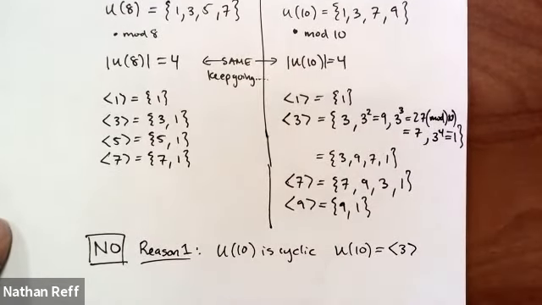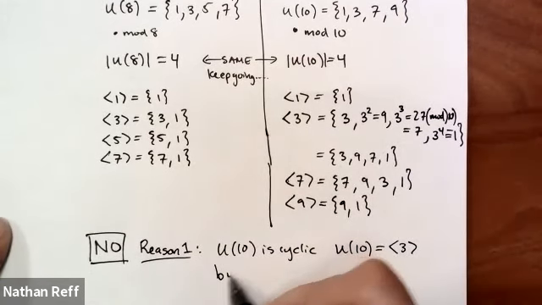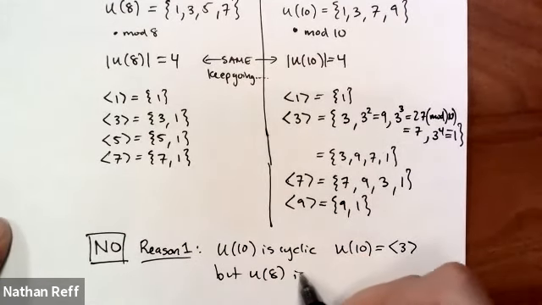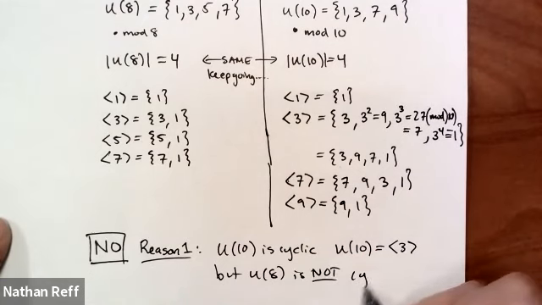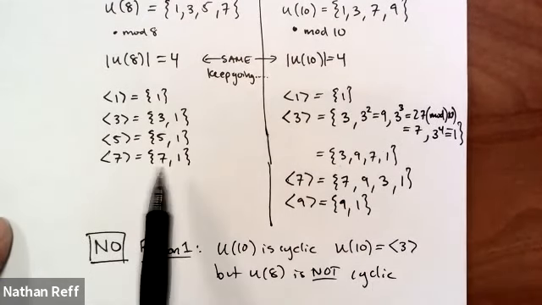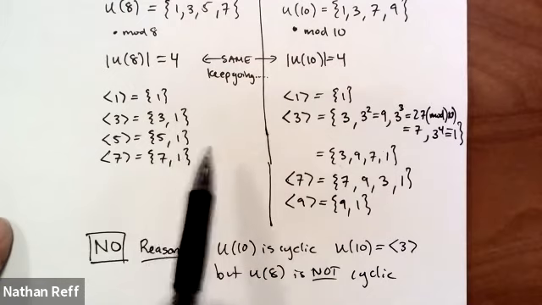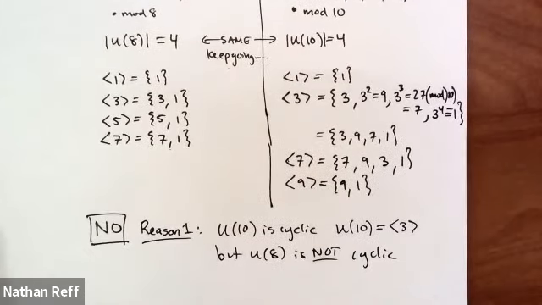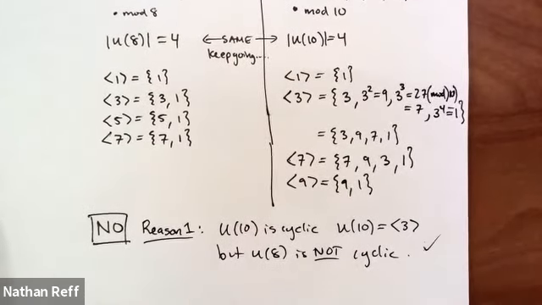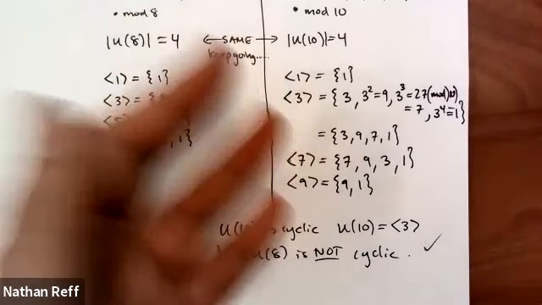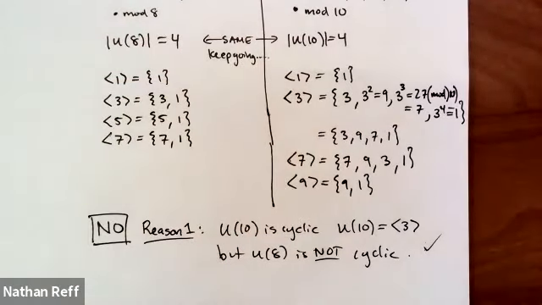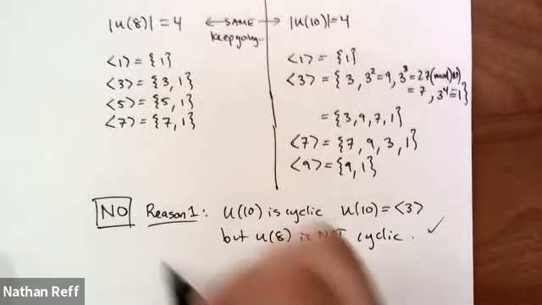Does everyone agree with that? But U8 is not cyclic because we didn't find any element over here that generated all the elements of the group, right? Okay. So that's perfectly good. And that's a pretty quick reason, right? So you just did a bunch of calculations and that gave you a conclusion about the group. So that's kind of nice.